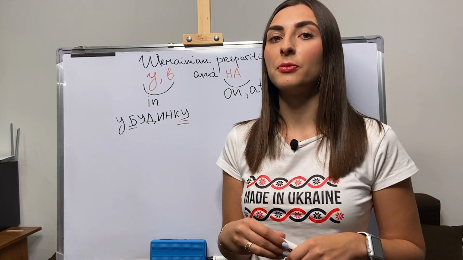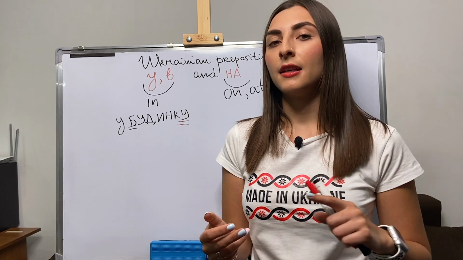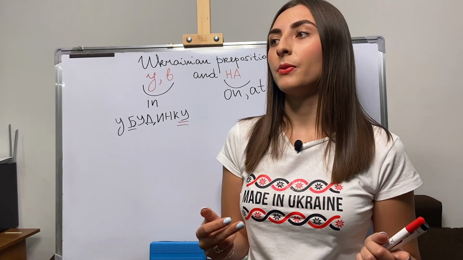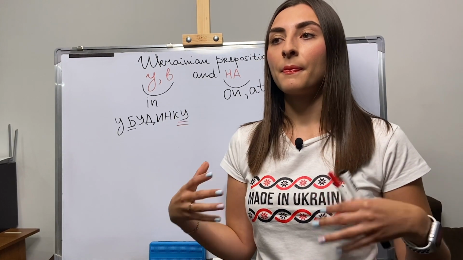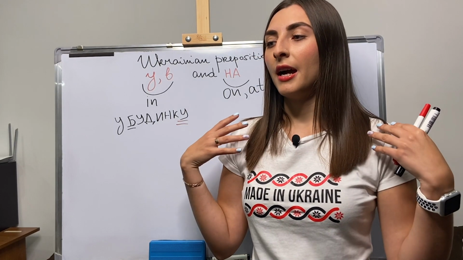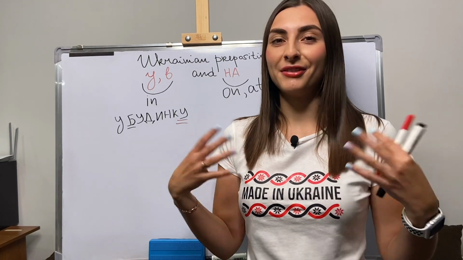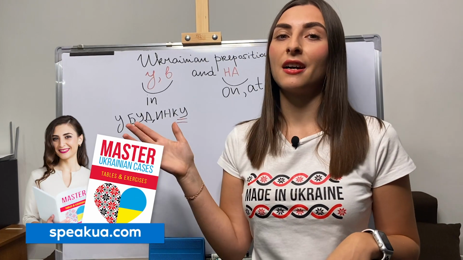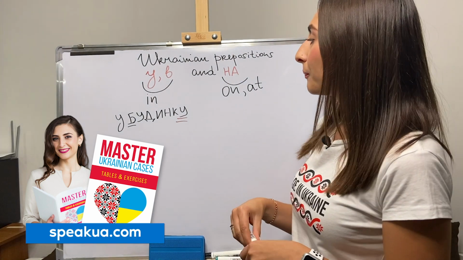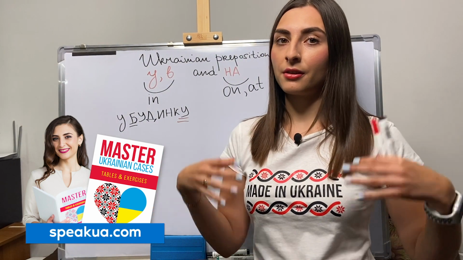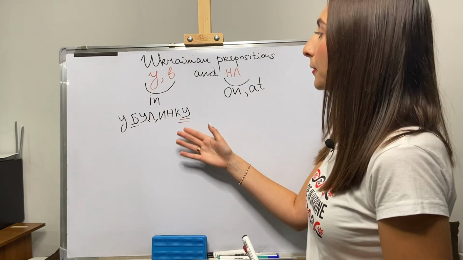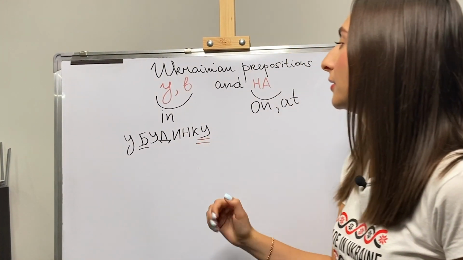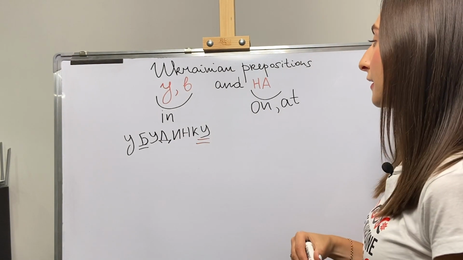I explain the difference in its usage, and how you can confuse it with other cases like the accusative case. Mastering this case can help you to express yourself freely and fluently in Ukrainian. You can check out my textbook with all the explanations, rules and exercises. It's very useful.